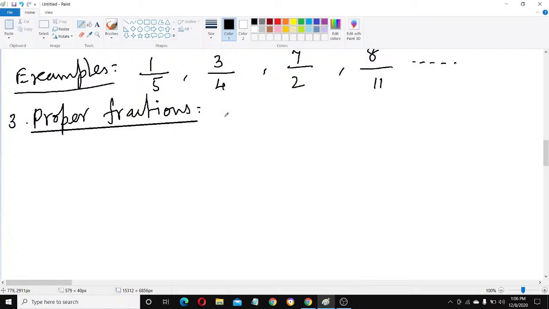Proper fraction. Already in 5th class you learned types of fractions, in 6th also. Which are called proper fractions? A fraction in which the numerator is less than the denominator. The numerator should be less than the denominator.